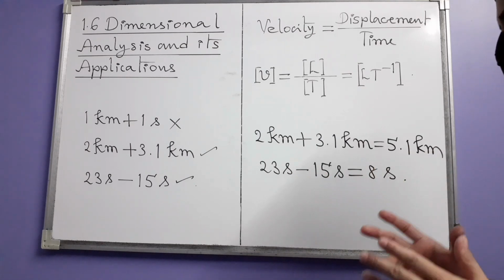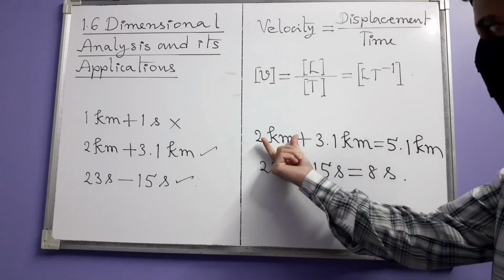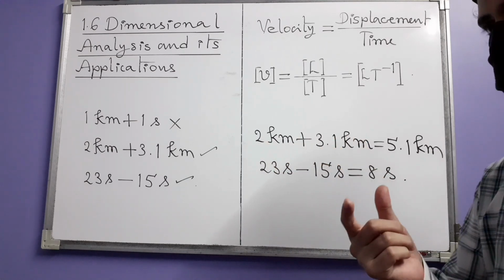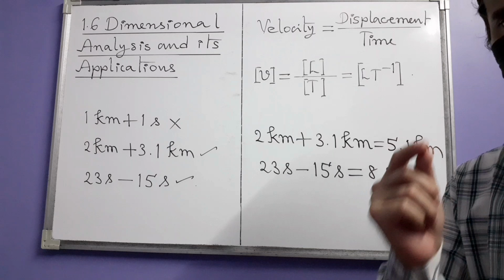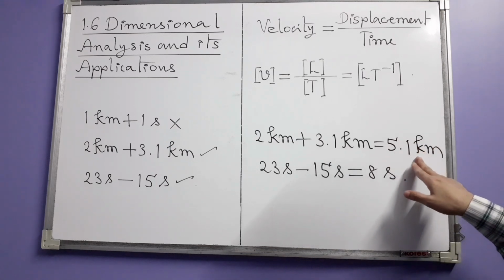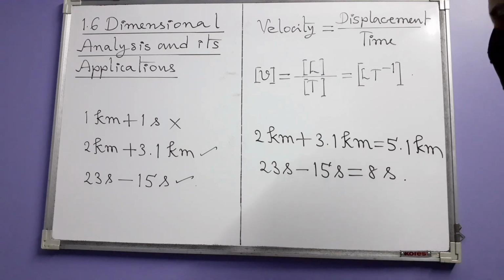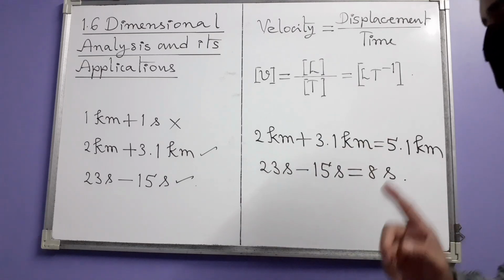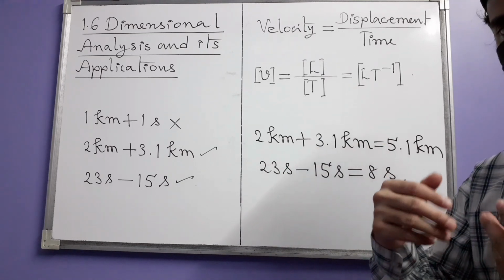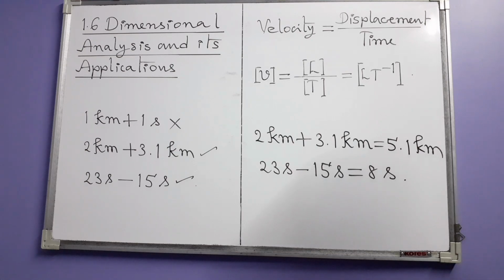But the observation here is that both the quantities involved here have the dimensions of length, and this side also has the dimension of length. So we would say that both sides have the same dimension.